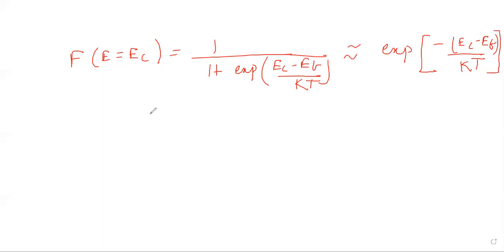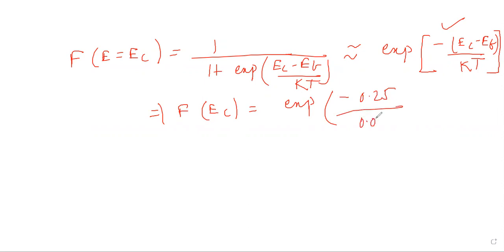So F of EC is equal to exponential of minus 0.25 divided by 0.0259, that is the value of kT at room temperature. That gives you 6.43 × 10^-5. So this is what we got.